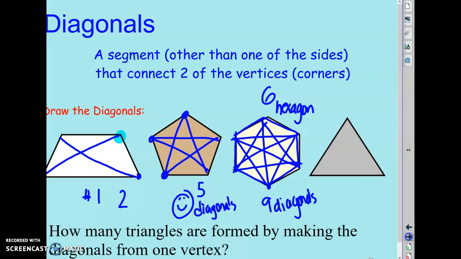And on my triangle right here, I want you to think how many diagonals there are. There aren't any diagonals because any way we connect 2 vertices, it's going to be along a side. So no diagonals on that one.